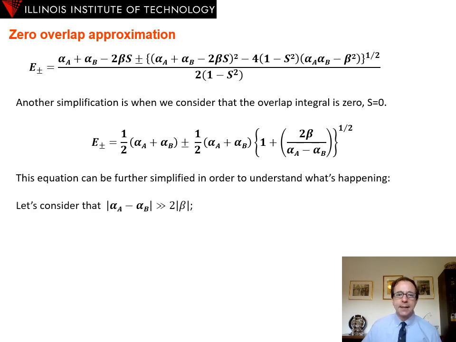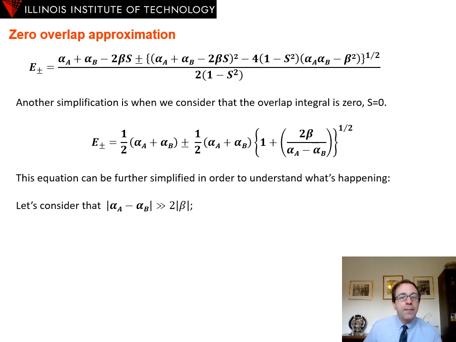We're going to say that the absolute value of the difference between the energy of atomic orbital A and atomic orbital B is much greater than the resonance integral. Okay, so that's our second simplification.